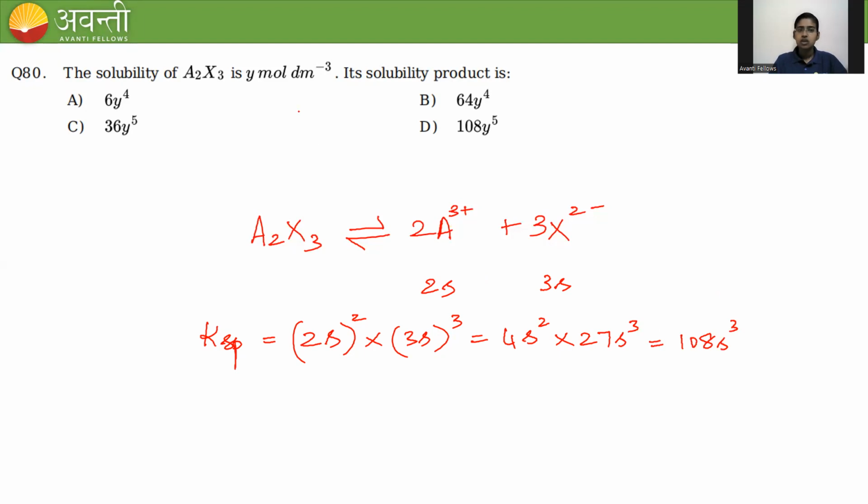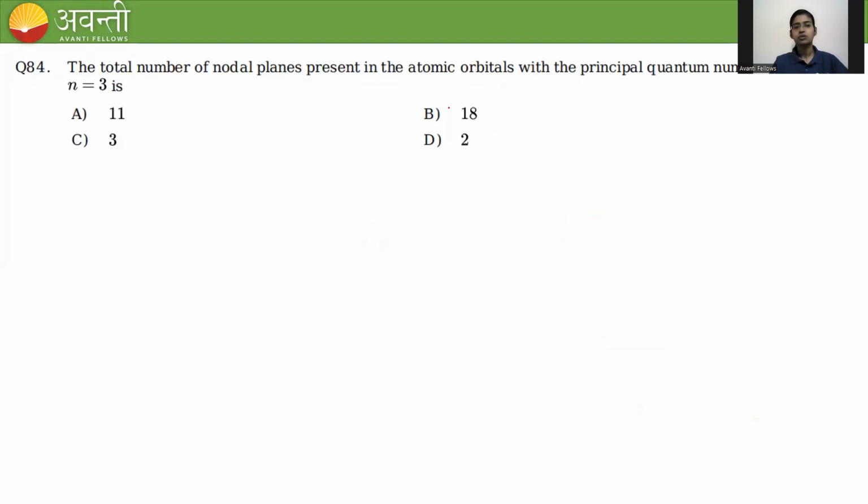And here the solubility is given as y mole per decimeter cube. It is power 5, okay. So instead of s, we can substitute y. 108 y power 5 is the solubility product Ksp for the given system. Okay, so option D will be the correct answer for this question. Clear?